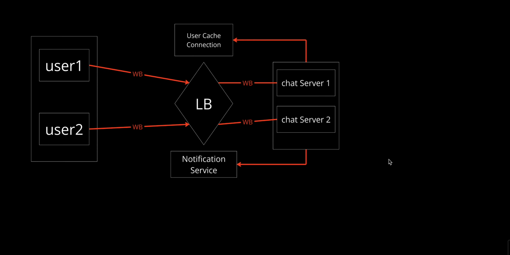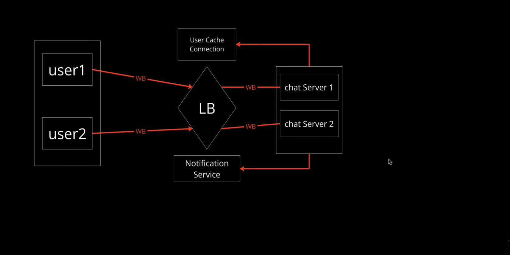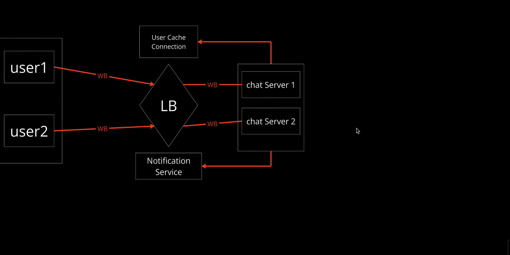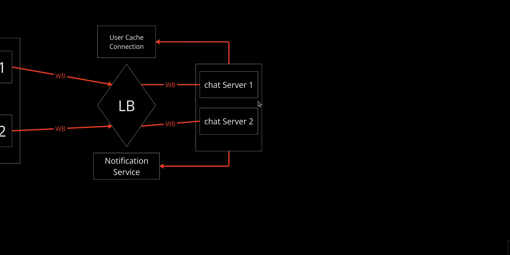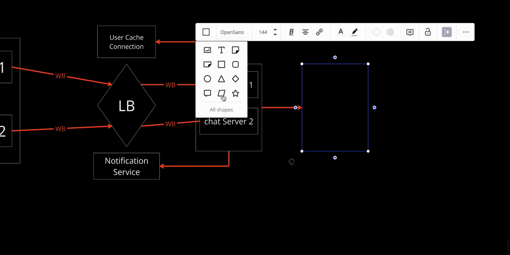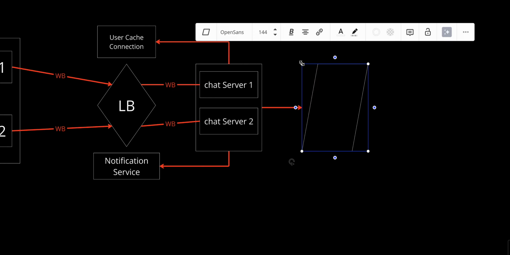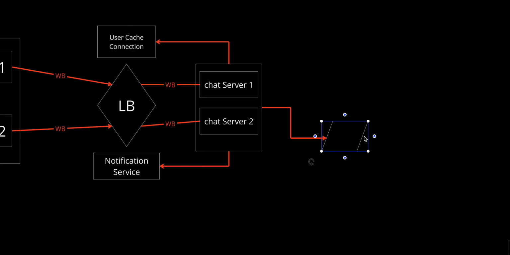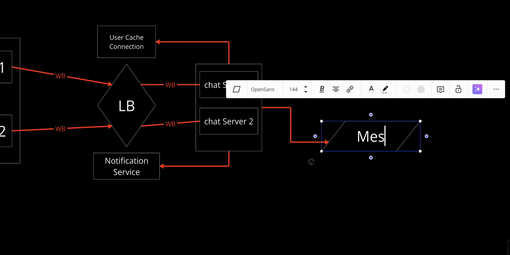Next we need to talk about how we will store the messages. So the first thing I would like to think about is using a message queue. Let's make it a message queue, and I like to make it wider. Message queue.